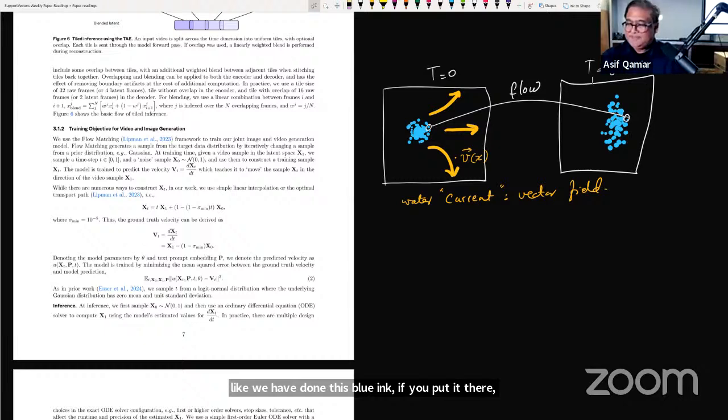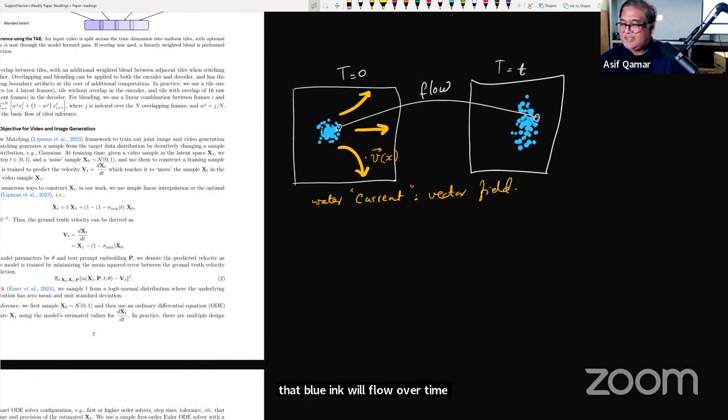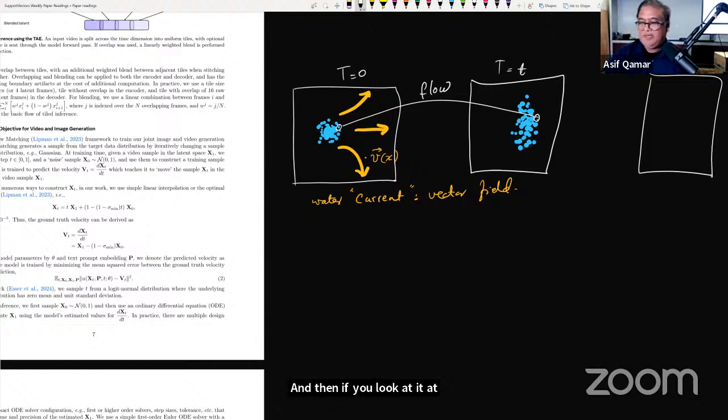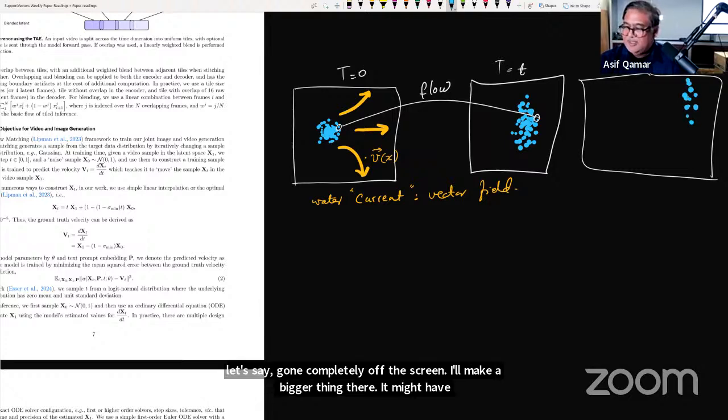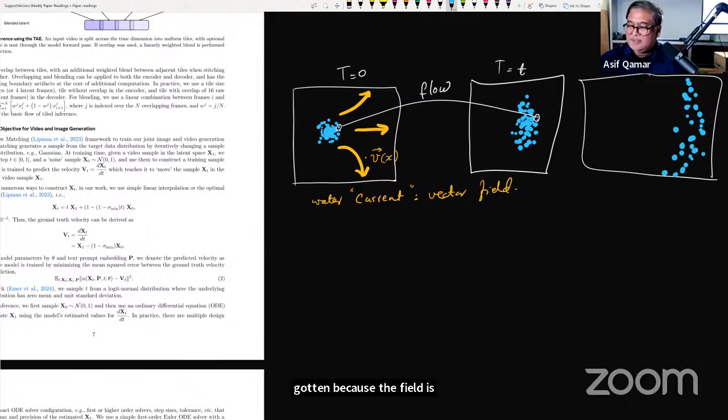And if you look at it at an even greater time, t prime, it would have diffused even more. It might have gone completely off the screen. Because the field is spreading it out, it might have become something like this, right?